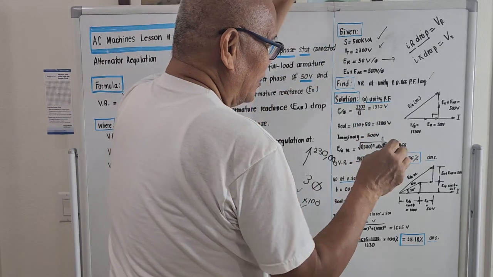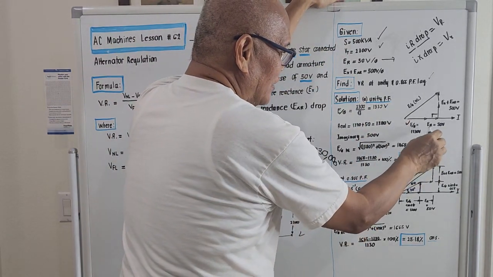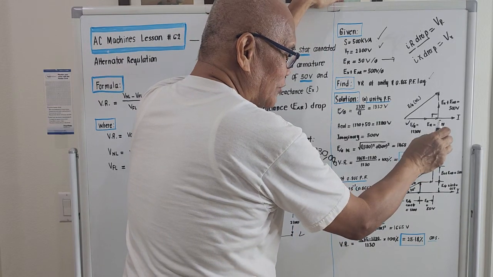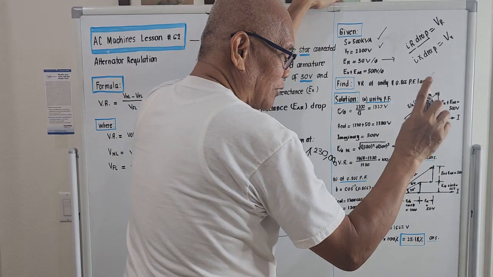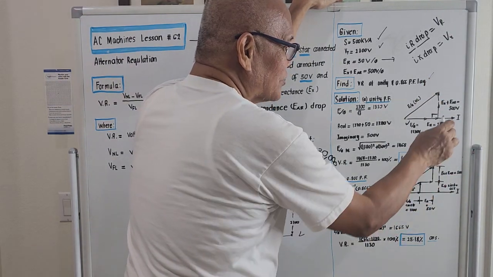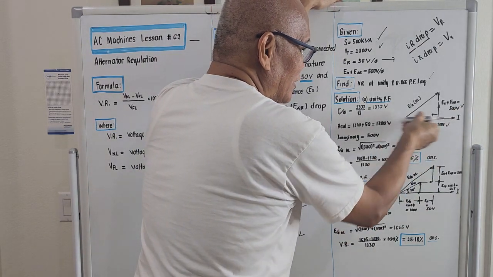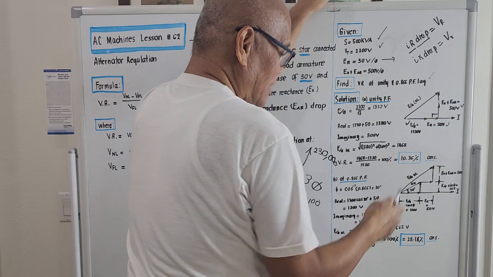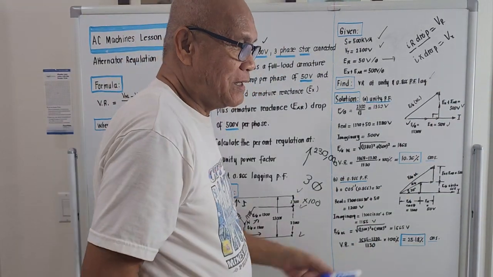We could compute for the voltage per phase. The voltage drop due to the armature resistance is given. And the voltage drop due to the reactance of the winding is given as 500 volts. It is not in phase with E sub R, it is vertical. E sub R and E sub X are not in phase.